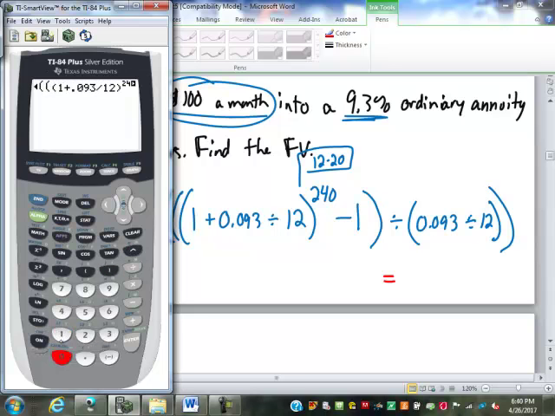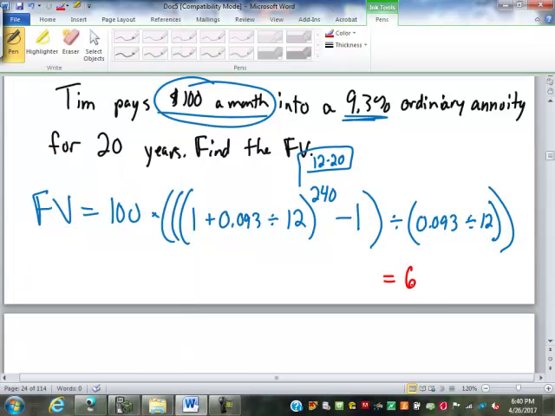Power of 240. Now again, many of you have to use this right arrow here. Once you're in the exponent, to get out, you use the right arrow. Gets you out of the exponent. Minus 1. Close parentheses. Divided by. Open parentheses. 0.093 divided by 12. Close and close. 69,391.49. So $100 a month for 20 years will get you close to $70,000.